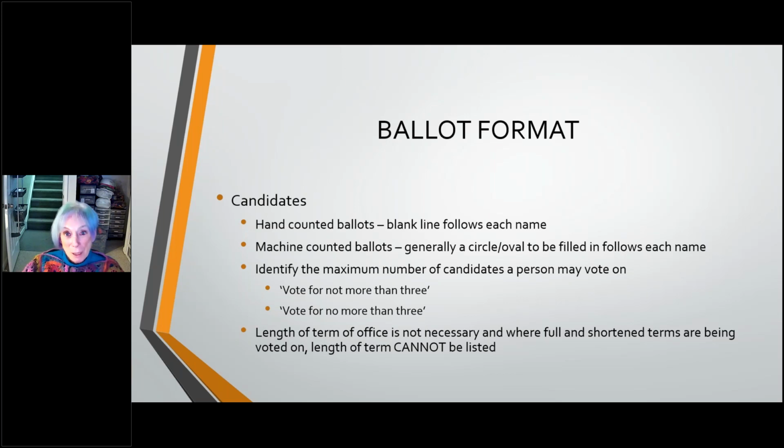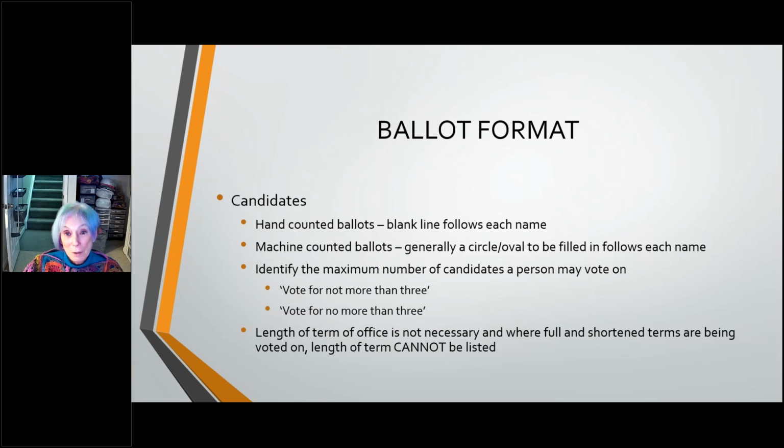And especially where you are having positions on the ballot where the candidates will fill both the full term and a shortened term, which only occurs because there had been an appointment to a vacancy since the last election, you cannot list the terms of office, because that's not how the length of term of office is determined.